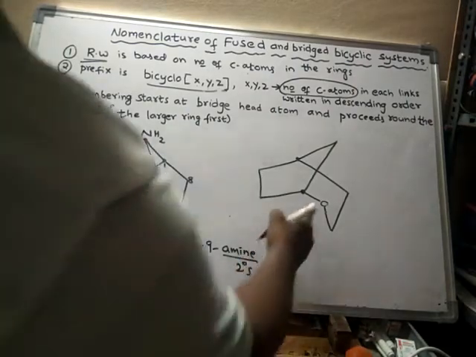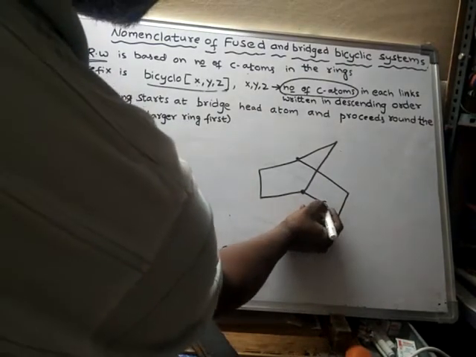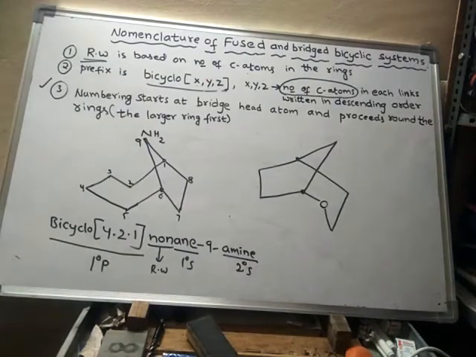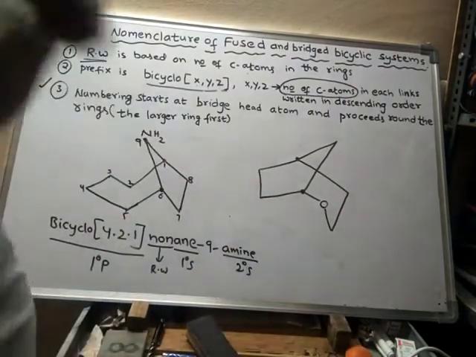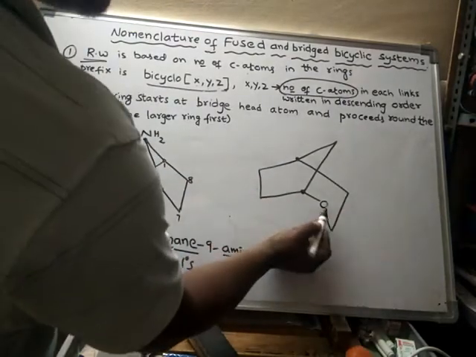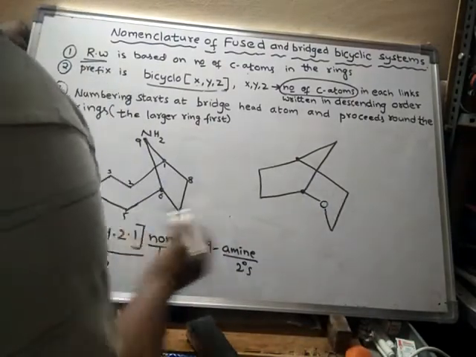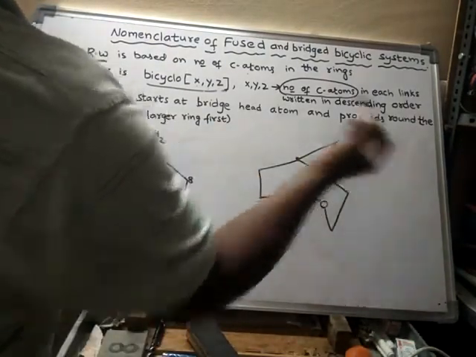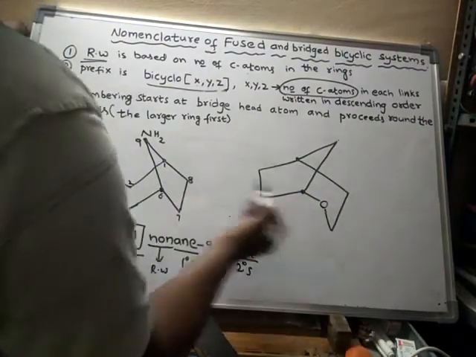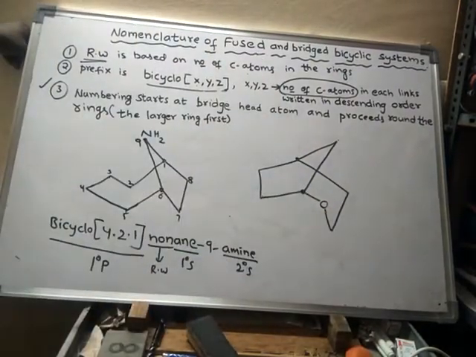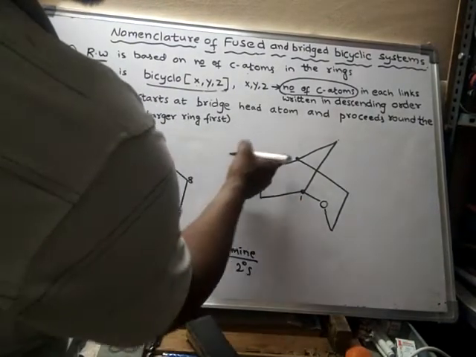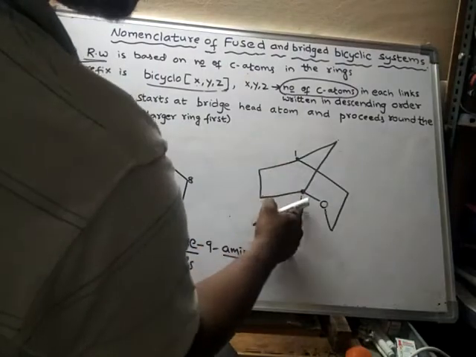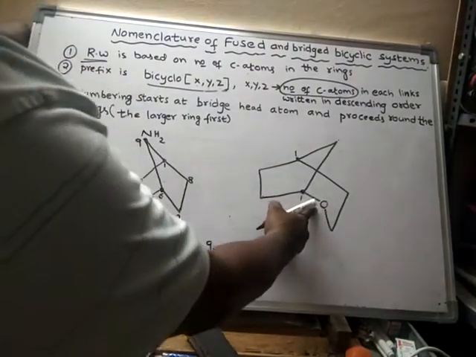If any carbon in the ring is replaced by oxygen, then we have to use oxa. So what is the larger link? This is a 3 member link, this is only a 2 member link, and this is a 1 member link. So this is the larger link. Now we have to give numbering. Always remember that the bridged carbon gets number 1. So don't start from here, because the carbon is substituted by oxygen.